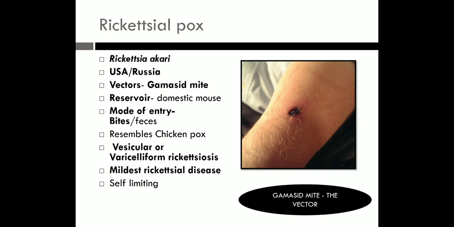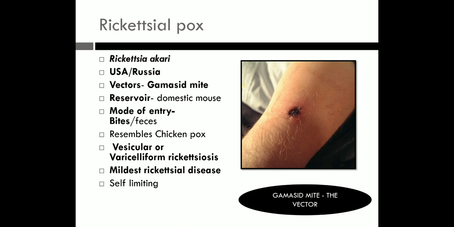So, the classical clinical manifestations of rickettsialpox are that it causes vesicular rashes or varicelliform rashes, almost resembling that of chickenpox, along with regional lymphadenopathy.